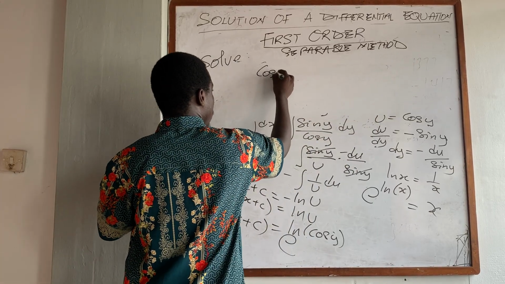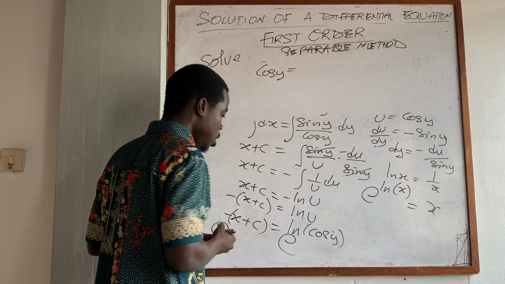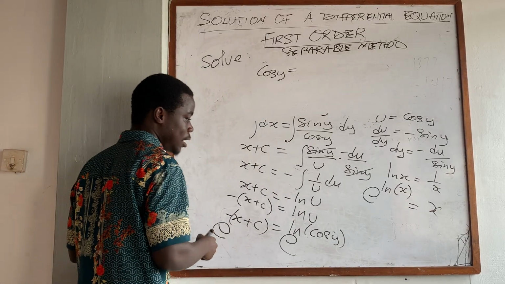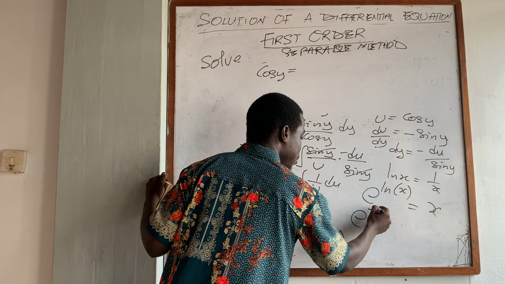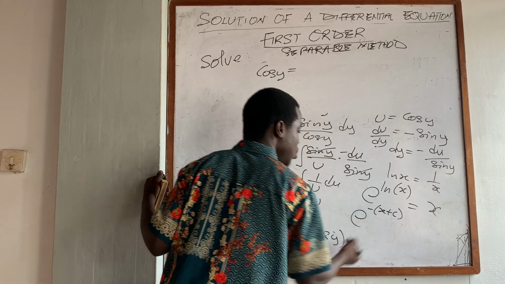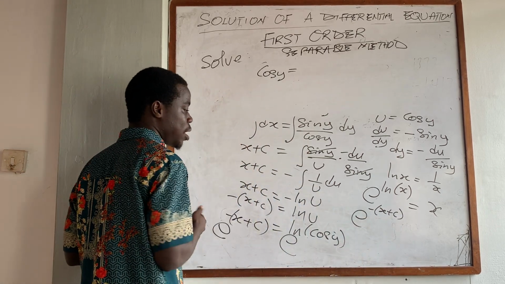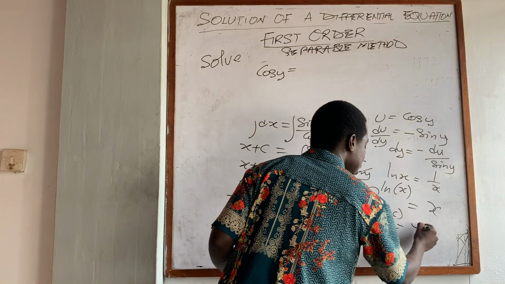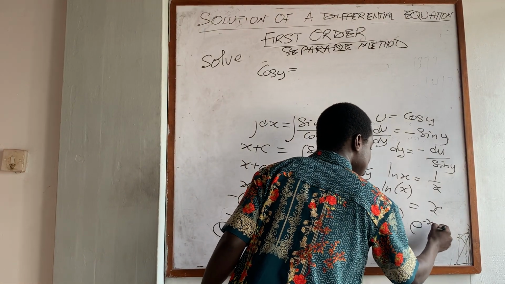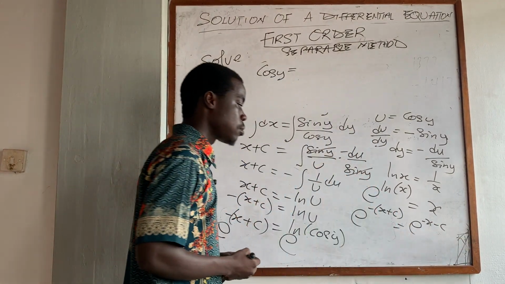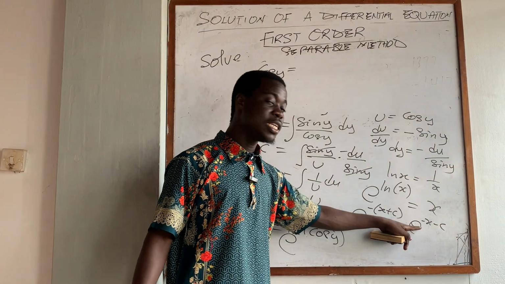So in this case, I will get cos y is equal to, here too, we are saying if you have something like this, which is e raised power minus bracket x plus c. Okay, so I can expand the bracket. So I will get e raised power minus x minus c by using the law of indices.